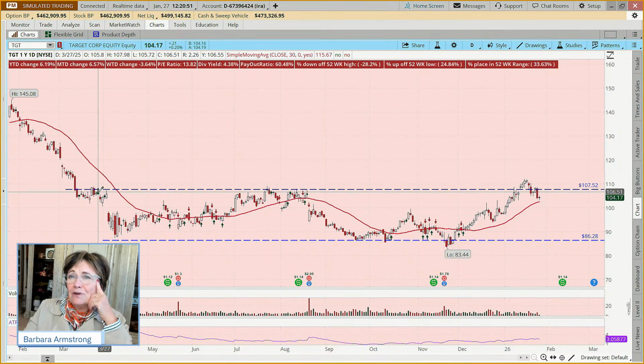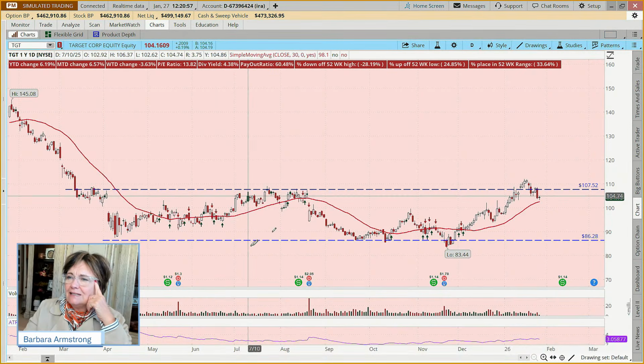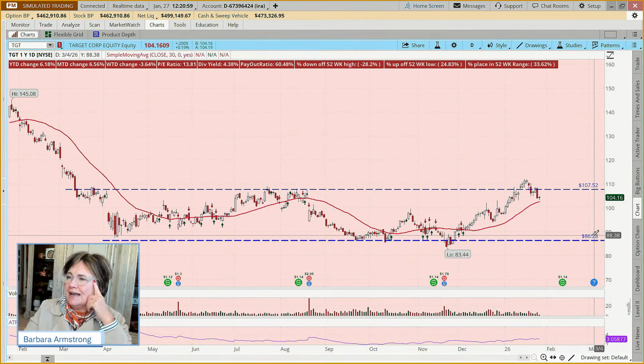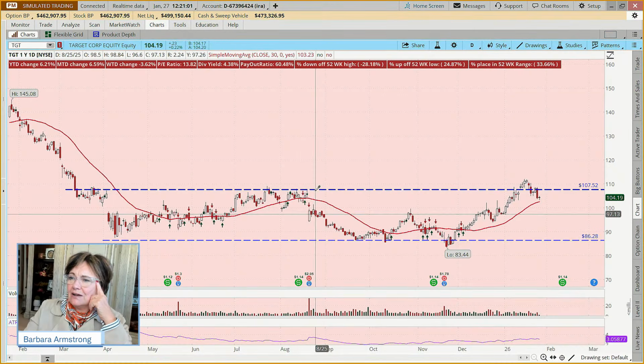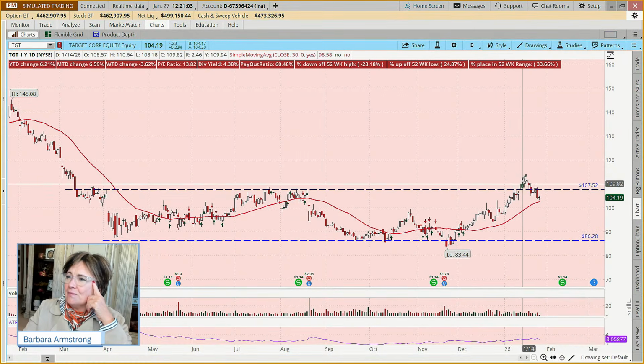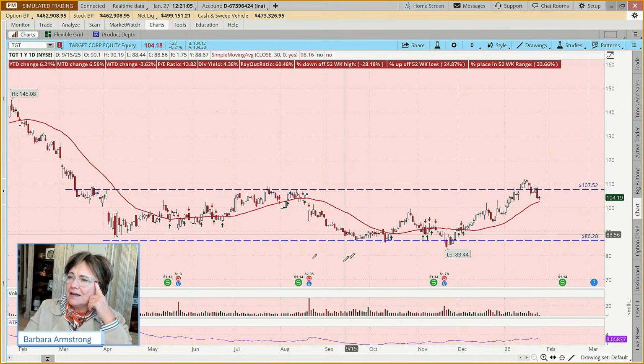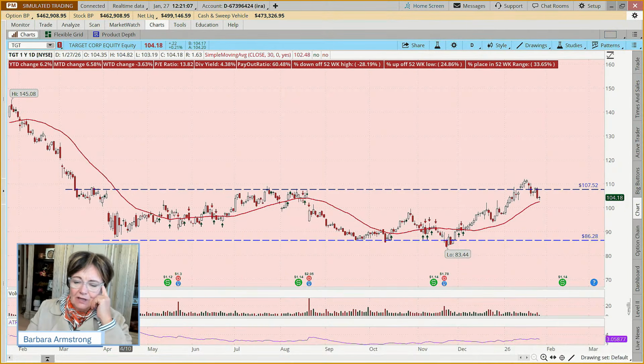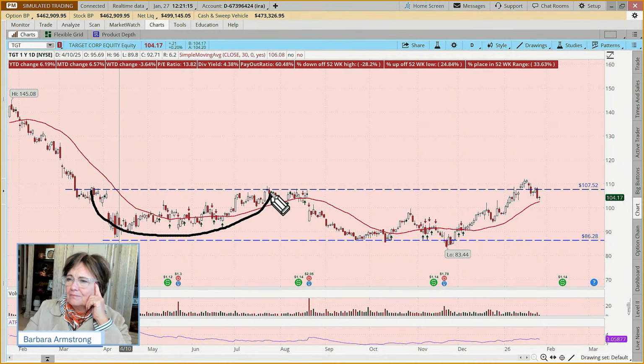Really, since last March, it's 10, 11 months in, it's been trading in this range between 86 and about 107. And then it looked like we had a breakout, right? If we're looking at patterns, what would we call this? A double bottom.